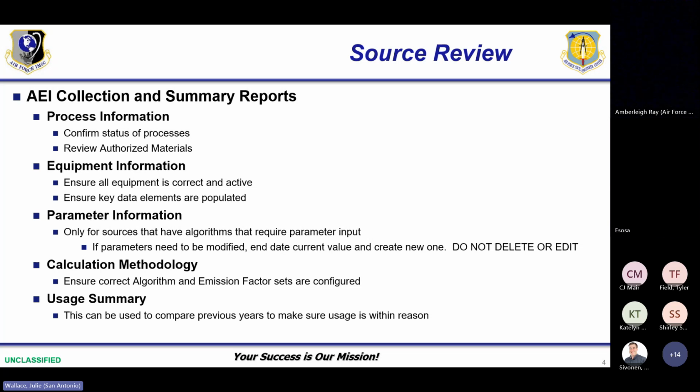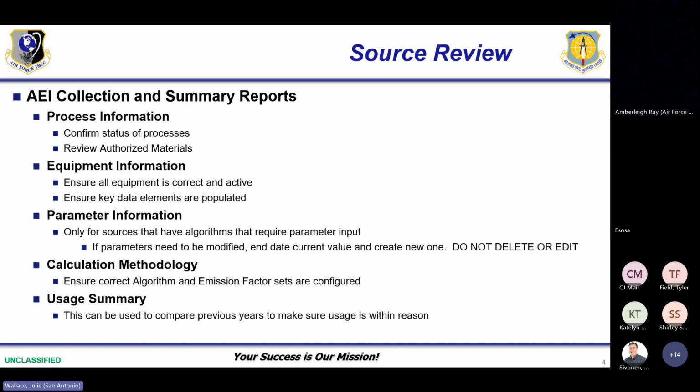Depending on what type of source it is, if it's a boiler, did you capture the rated capacity? If it is an internal combustion engine, we won't even get into it. There's a lot of key data that you need to capture for that. If it's a new paint booth, did you get the control efficiency of the filters? That kind of stuff. So you want to make sure that the key elements are populated.